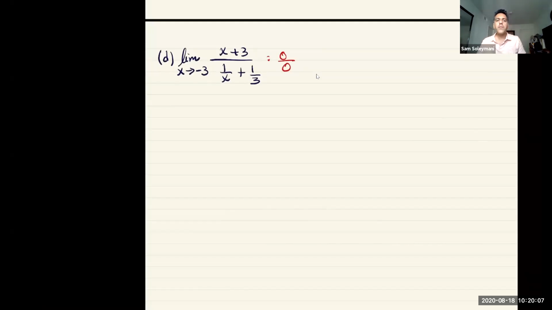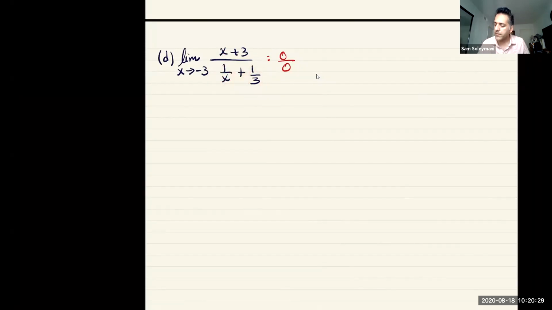All right, this is a complex fraction, so multiply by the common denominator of those little denominators, which is 3x. Here are the smaller denominators. The common denominator is 3x.